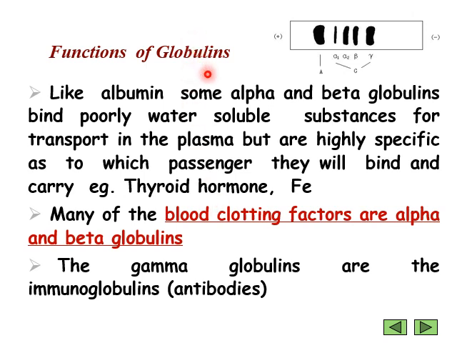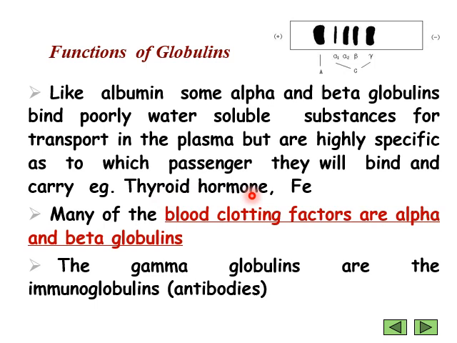In general, all the globulins are mainly responsible for the transport of lipid soluble substances in the plasma, but they are highly specific to which substance they bind. For example, there is a thyroid binding globulin which will only bind the thyroid hormones.